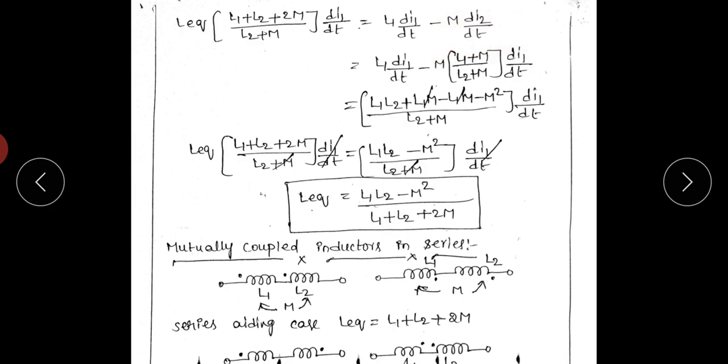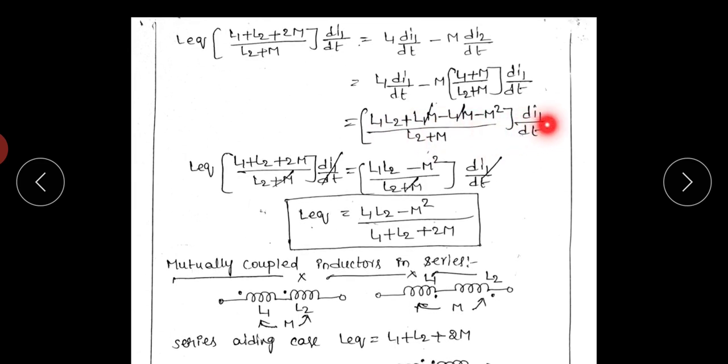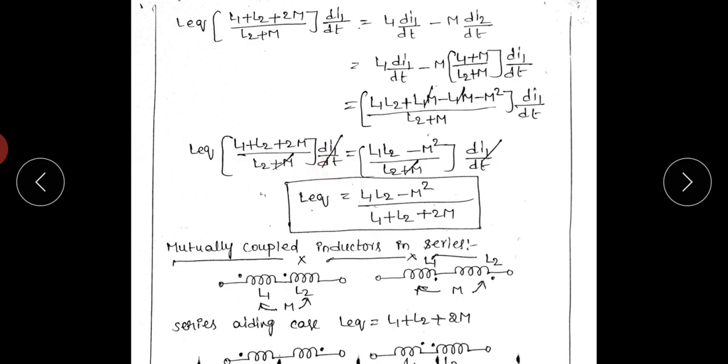So it equals L1 into di1 by dt plus M into L1 plus M by L2 plus M into di1 by dt, or it equals L1 into L2 plus L1 into M minus L1 into M minus M square by L2 plus M into di1 by dt. On both sides, di1 by dt and L2 plus M cancel. So finally, the equivalent inductance L equivalent equals L1 into L2 minus M square by L1 plus L2 plus 2M. Okay, this is the equivalent inductance formula in parallel opposing connection.